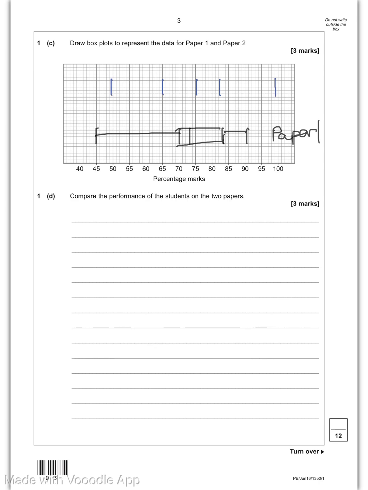Okay, I've drawn my 5 lines for my box plot. I'm going to join up the box in the middle and then the whiskers, that is paper 2.